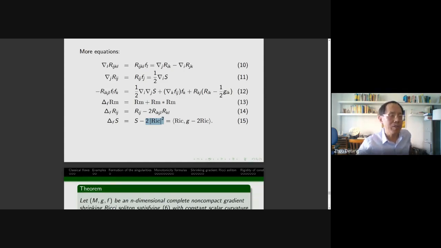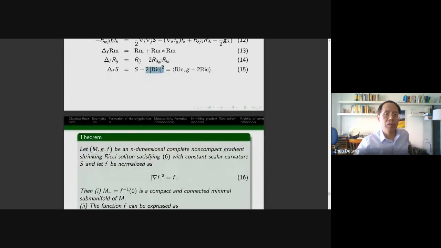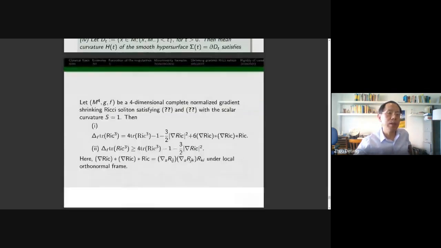So you have 3 equations. If you want to determine the Ricci curvature, you need an additional equation. Now you have 1, 2, 3, and you still have one eigenvalue free. So it is natural to look at this one.